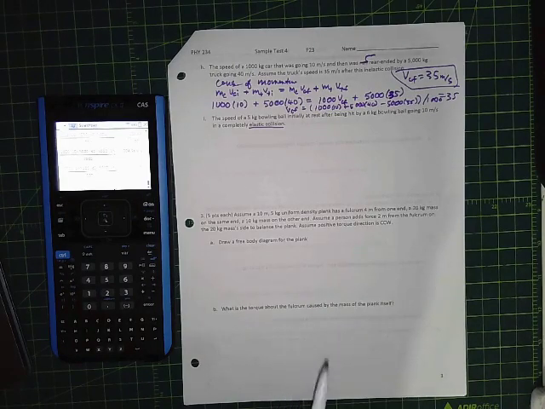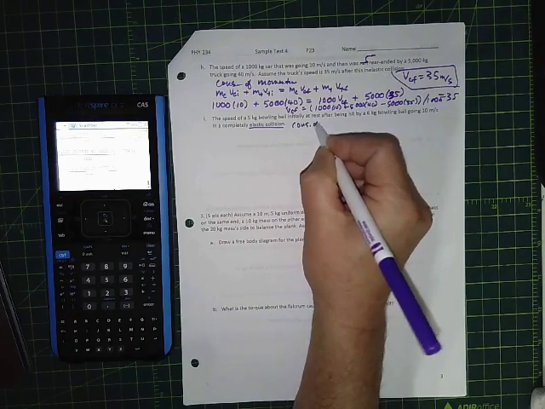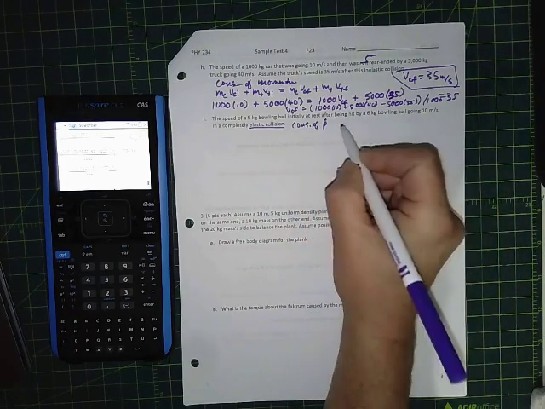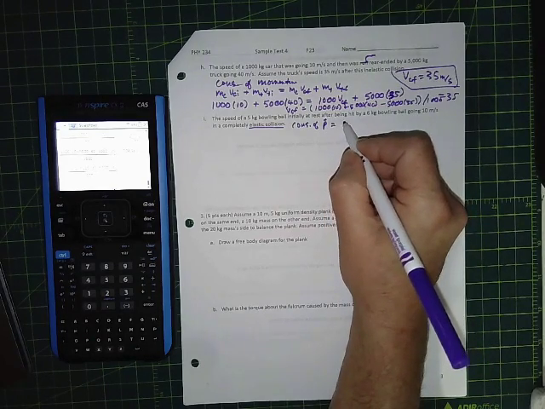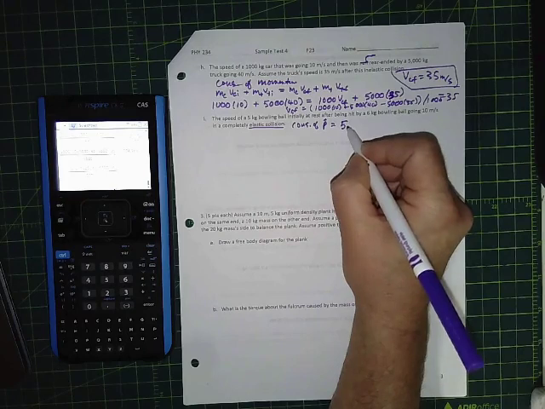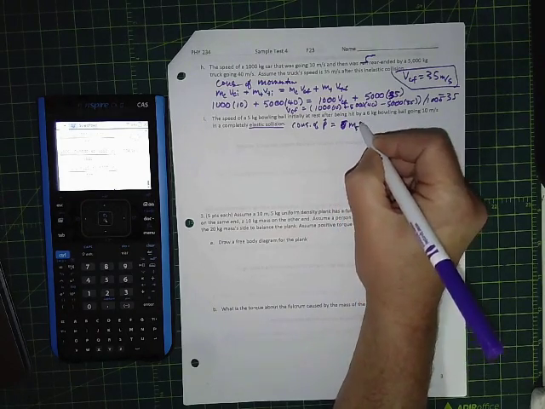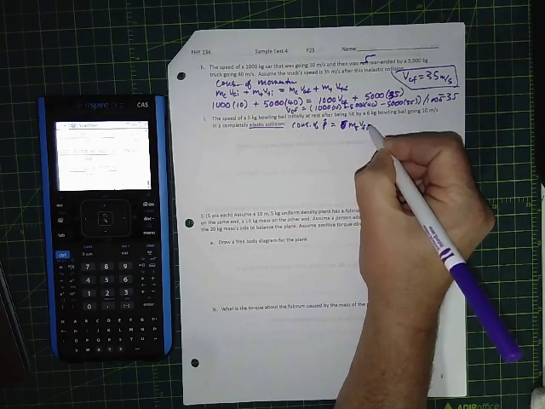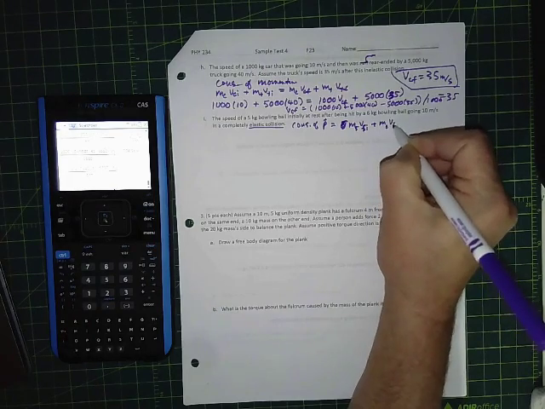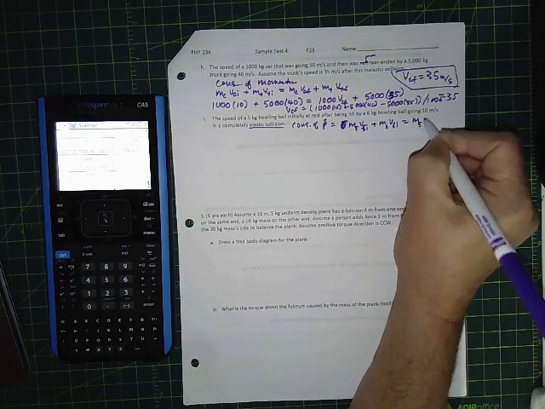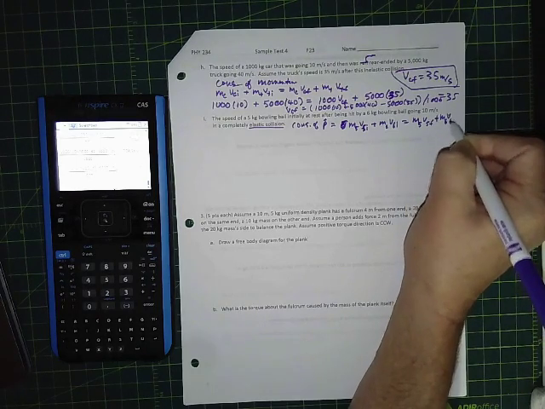Alright, so let's write some equations. First, conservation of momentum. Let's just write it with the numbers in it. So M5 times V5 initial plus M6 V6 initial equals M5 V5 final plus M6 V6 final.